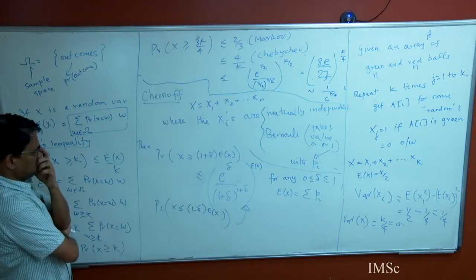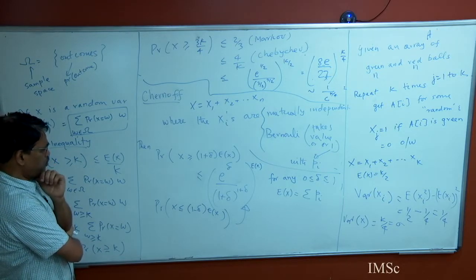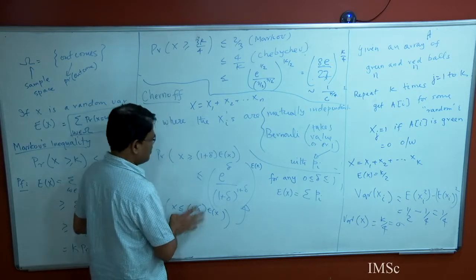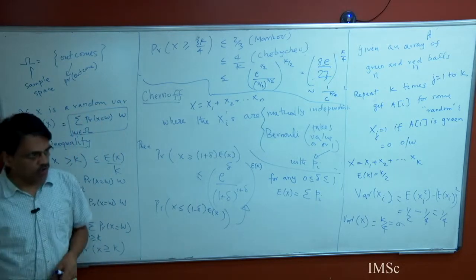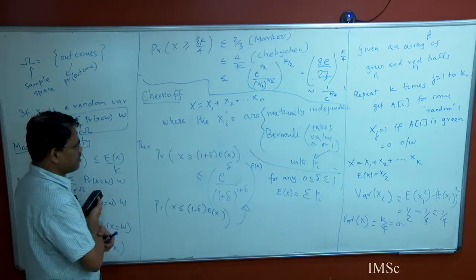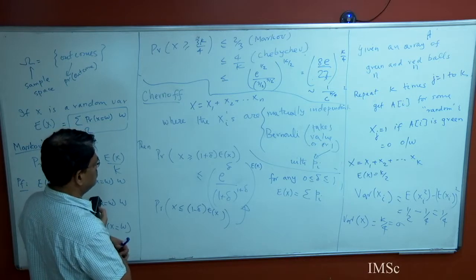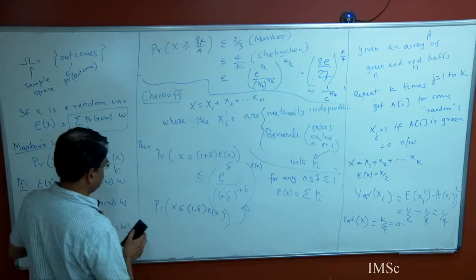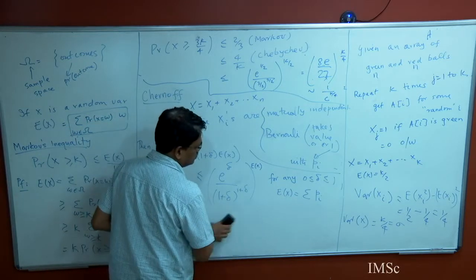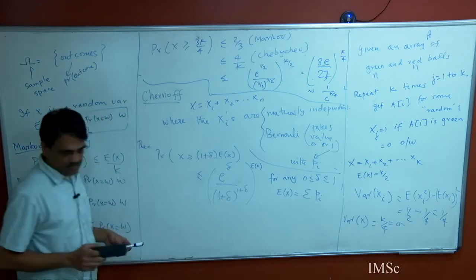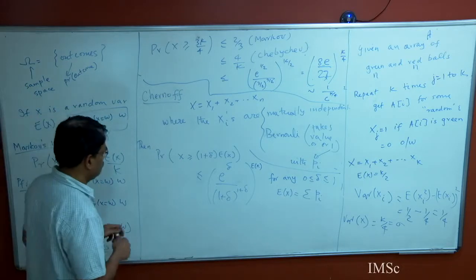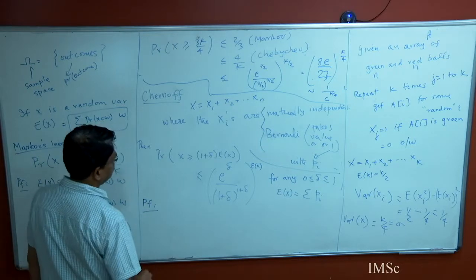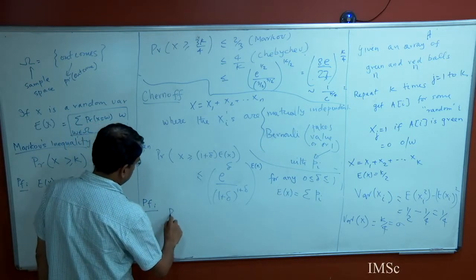Okay, how do I prove this? So let's try and prove this. This is more or less the same. So we just need to apply Markov inequality for some appropriate function. Okay, so this is what it is.